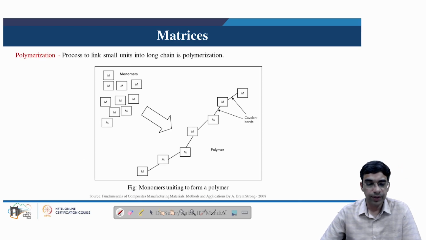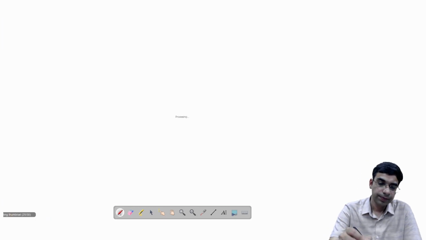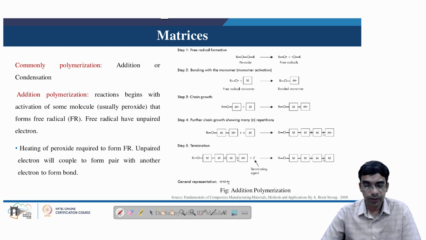So next is the polymerization process, where the process is to combine small units into a long chain. These long chains are connected using covalent bonds, which gives high strength to these joined polymers. The repeating units are known as monomers. Commonly two types of polymerization may be used, which are addition polymerization and condensation polymerization.